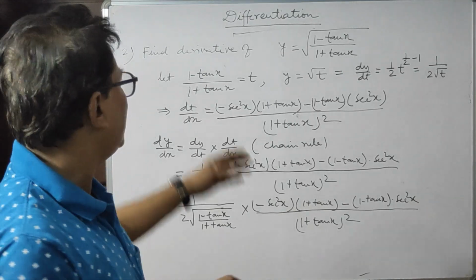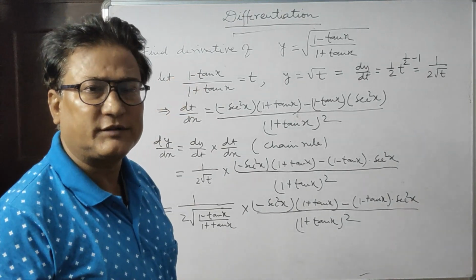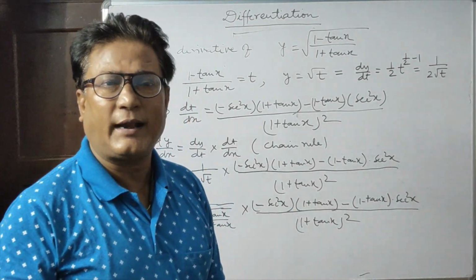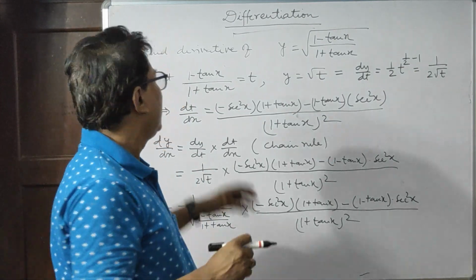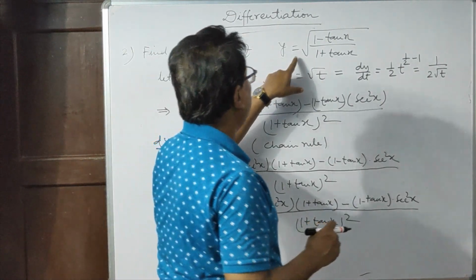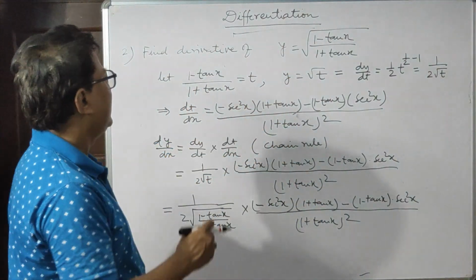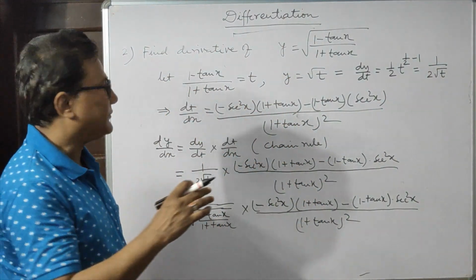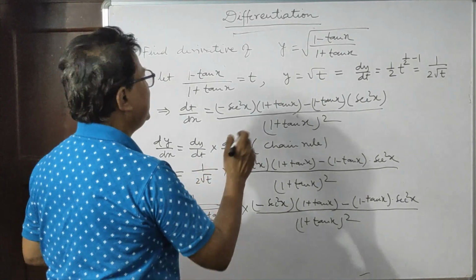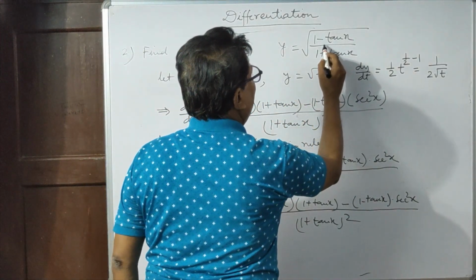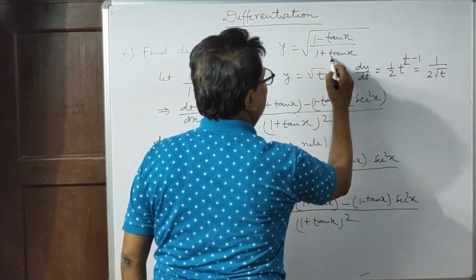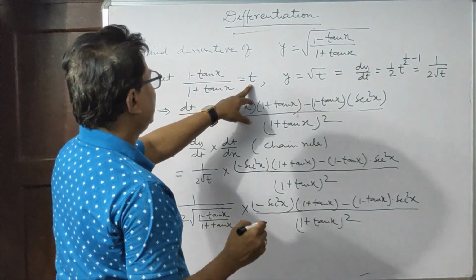I will repeat this question. If you don't understand, then write in the comment box. Derivative of y is equal to root over 1 minus tan x by 1 plus tan x. In such problems, first of all you let 1 minus tan x by 1 plus tan x be equal to t.